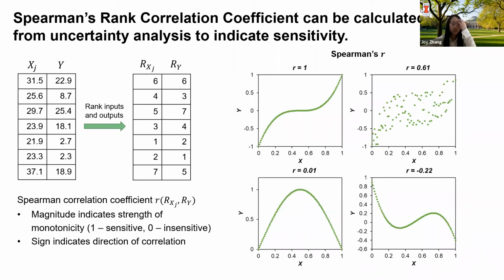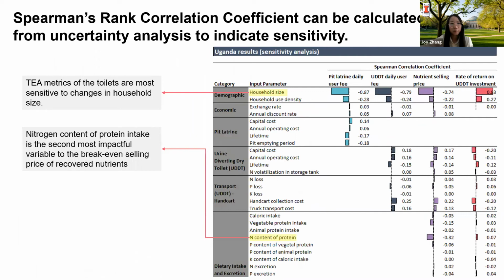To calculate this correlation coefficient, with the input and output data, we first need to rank them in the same order, either ascending or descending. Here, I want to show an example in the Excel spreadsheet we prepared. These are the Spearman correlation coefficients calculated using the uncertain input parameters and the corresponding TEA metrics.